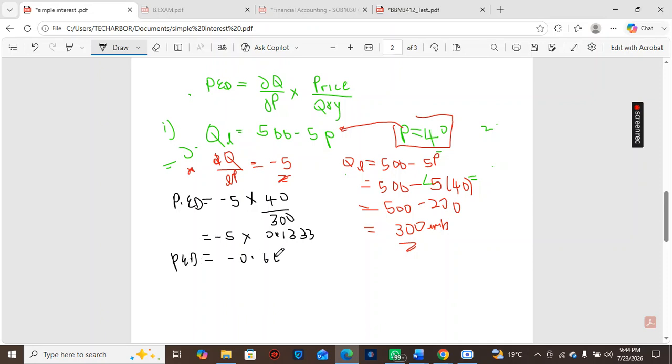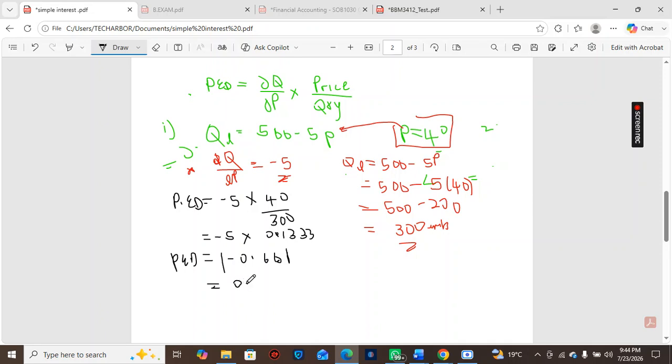Now we get the absolute value. Colleagues, do you know what we mean when we say absolute value? It means we ignore the negative sign. The absolute value of negative 0.66 is 0.66.